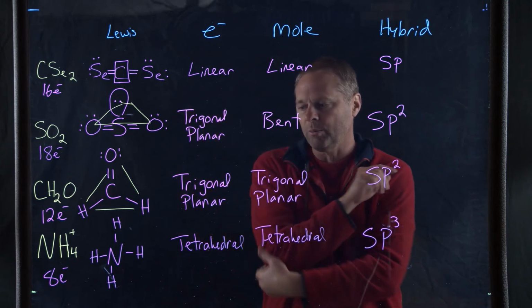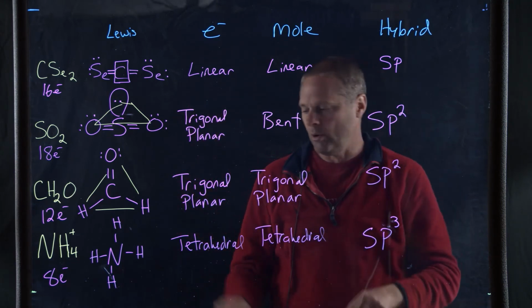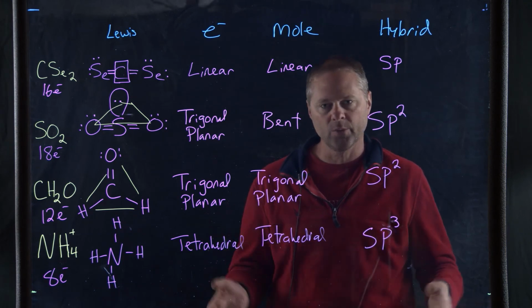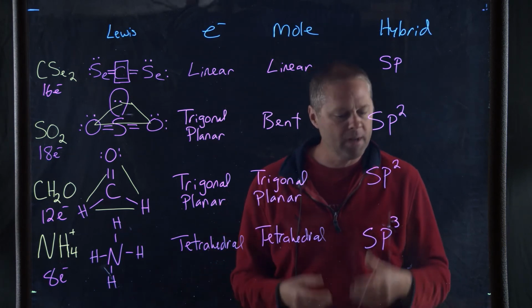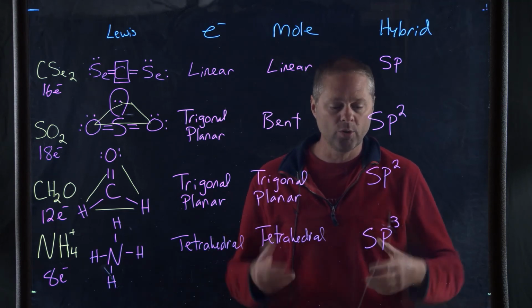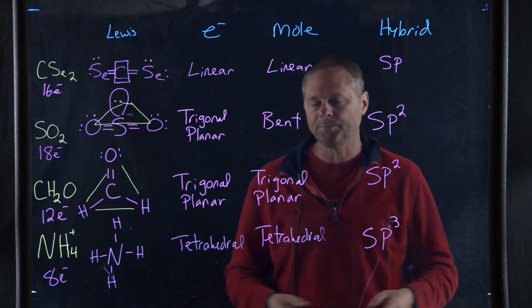If it's trigonal planar, it's going to be sp2. If it's tetrahedral, then the hybridization is going to be sp3. If it's trigonal bipyramidal, then you have sp3d. If it's octahedral, you have sp3d2.